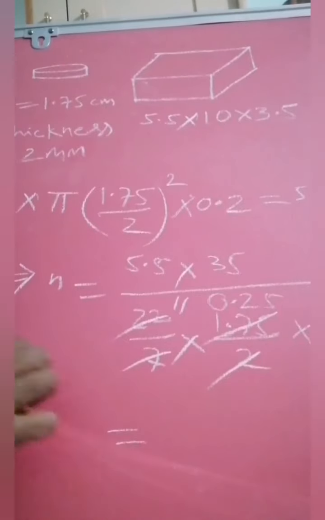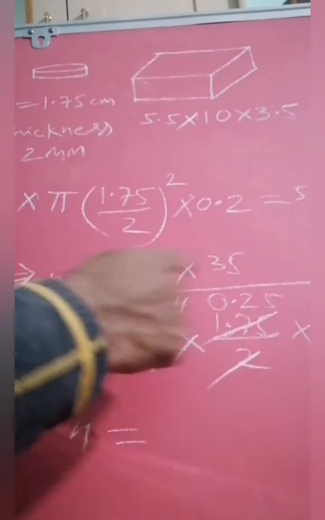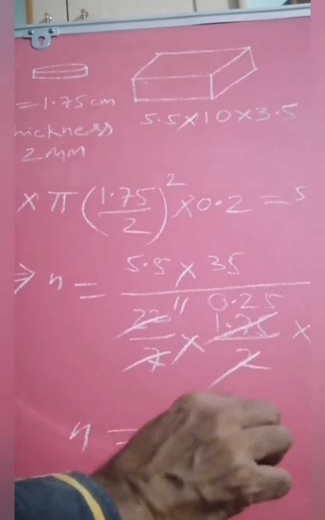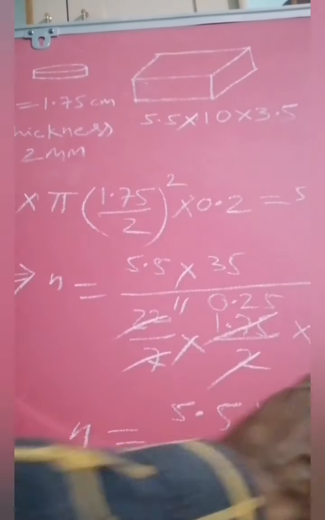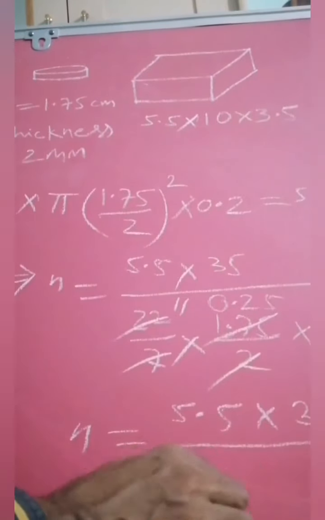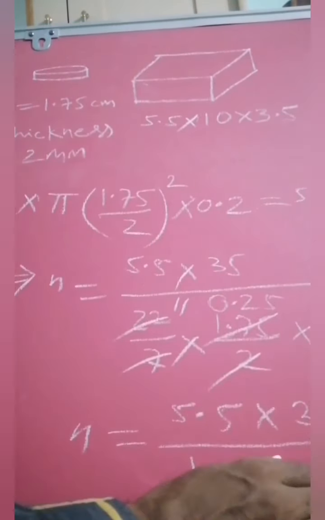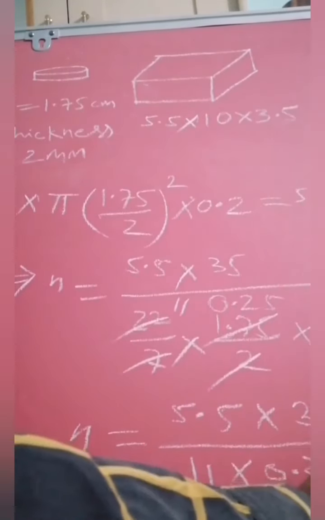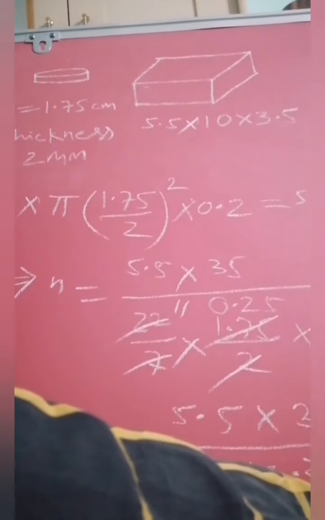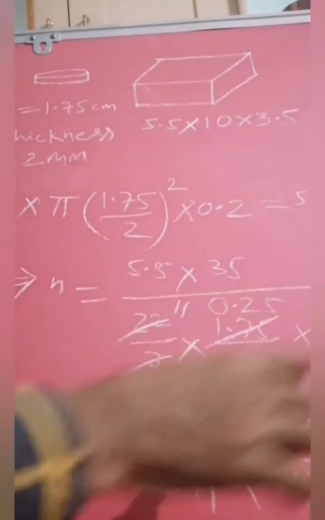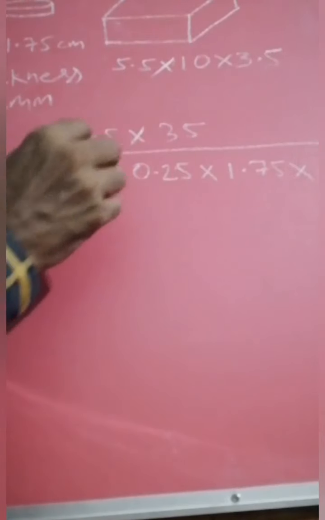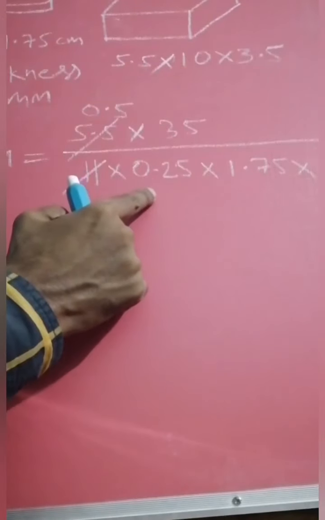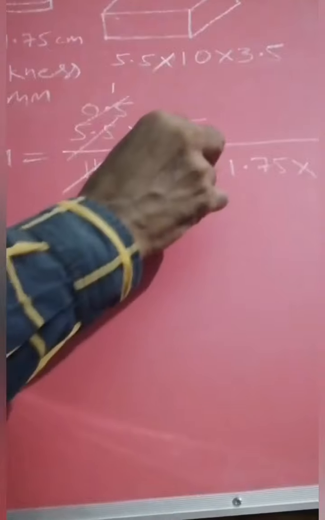That implies n is equal to 5.5 into 35 by 11 into 0.25 into 1.75 into 0.1. So 11 cancels with 5.5, giving 0.5. 0.5 we can cancel with 0.25, which is again 0.5 here.